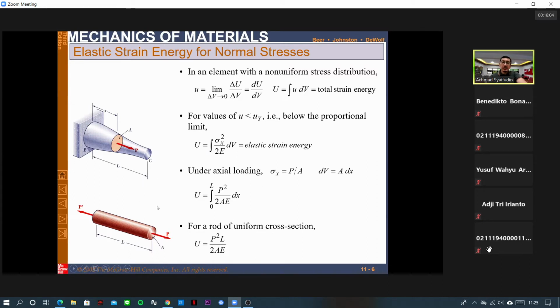This is a similar method. Actually the basic fundamental is integration, because sometimes the cross-sectional area is not consistent, or this one, the cross-sectional area has a different diameter.